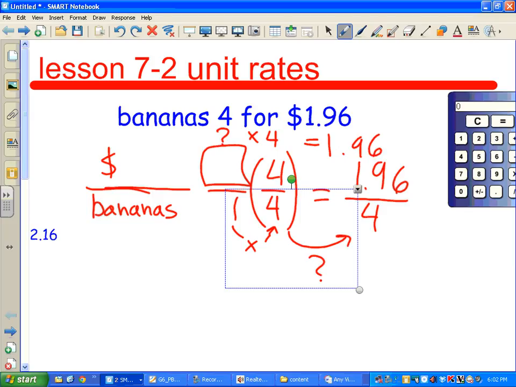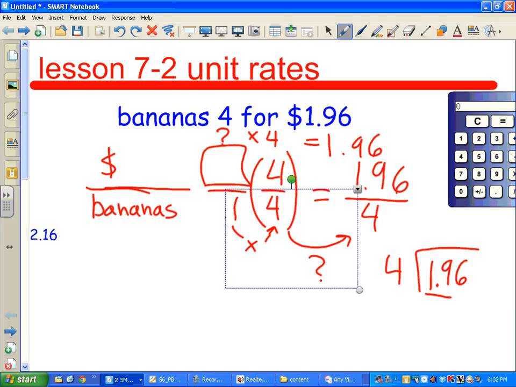So we need to do the inverse of multiplication. We need to divide 196 by 4. So we're actually doing 1.96 divided by 4.